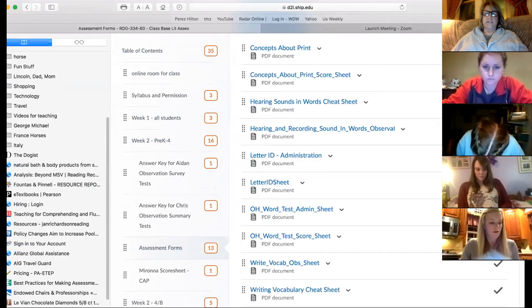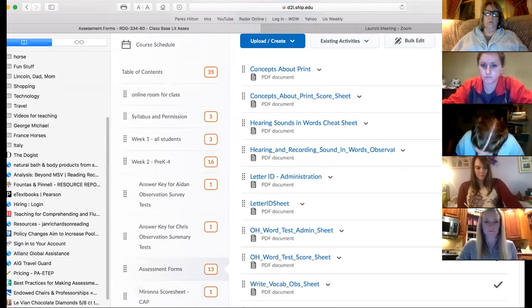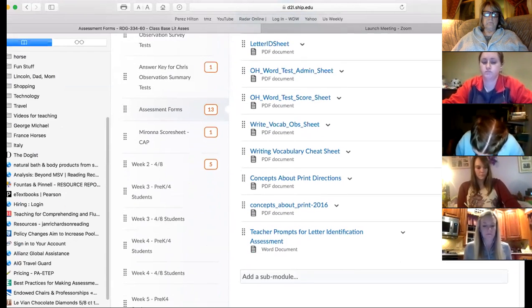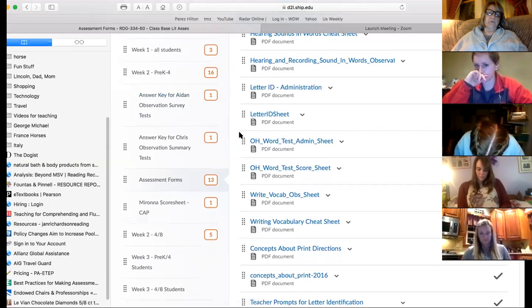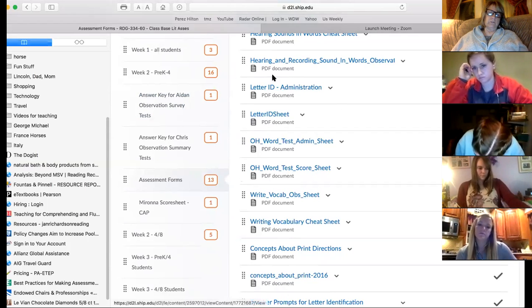So you click on assessment forms, and boy, you see a whole bunch of them. So what I asked you to print out was 3 copies of each of the 2 that are labeled letter ID and the 2 that are labeled Ohio word test. So these 4 right here in the middle.